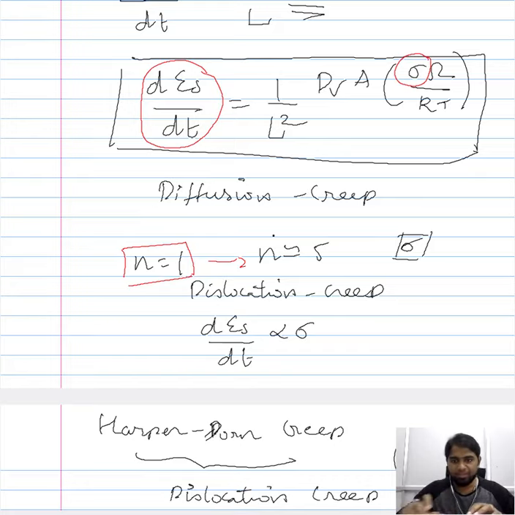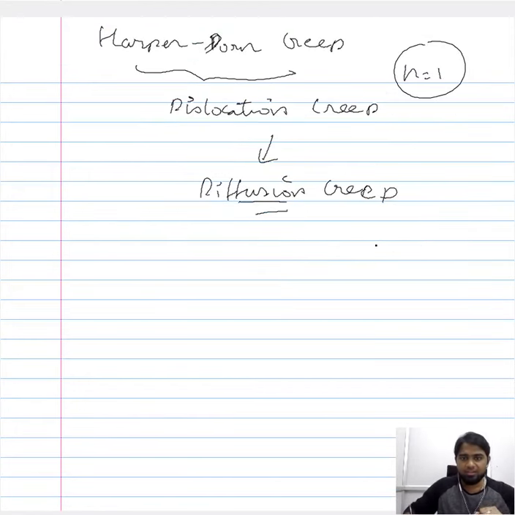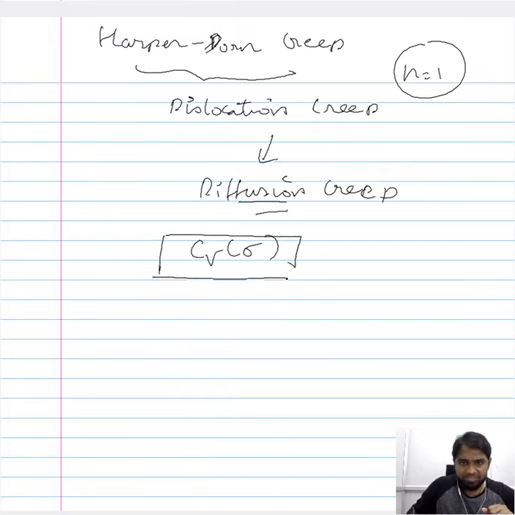For a material under uniaxial tensile loading, there is a complementing compressive loading acting because of the Poisson's ratio. That introduces a difference in the concentration of vacancies, which can be related to a concentration gradient.